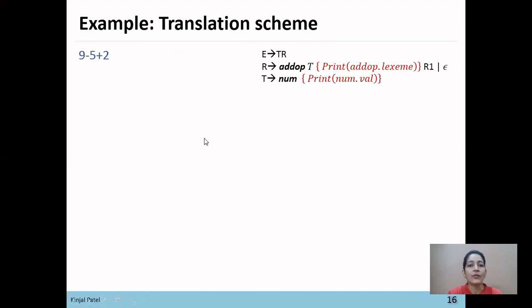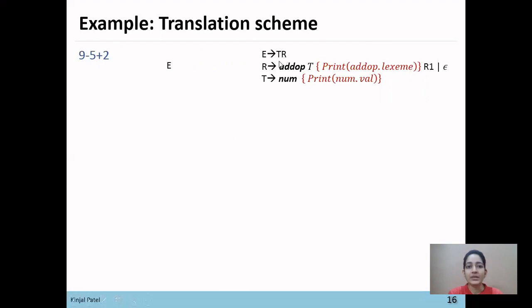So now from this translation scheme, we'll generate one parse tree for 9 minus 5 plus 2. So we want to generate the parse tree for this infix notation, and we want to convert this infix notation into postfix notation. So first we'll start from the starting symbol.